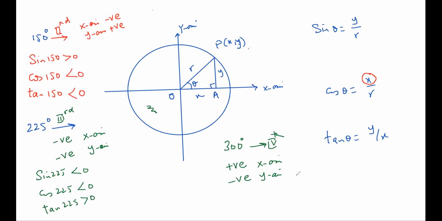So now you can clearly see that without using the calculator, you know that sine 300 will be negative because sine depends on y. You can confirm this from your calculator. You will have cos 300 positive, and then you will have tan 300 negative, because it is going to be negative over positive that makes it negative.